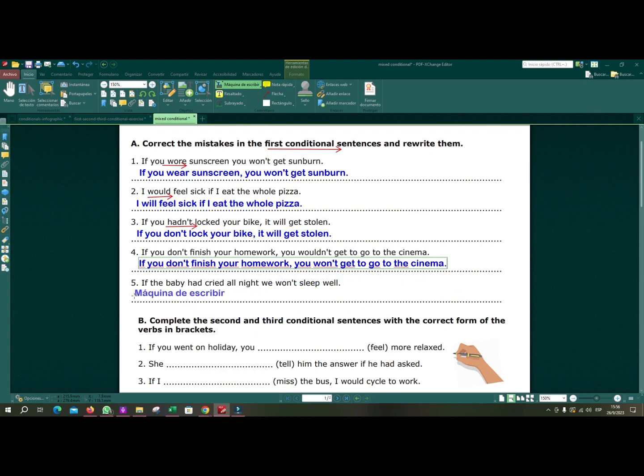Nice, perfect. And let's see the last one, Mr. Mario. If the baby had cried all night, we won't sleep well. Which will be that one? If the baby had cried all night, we won't sleep well.